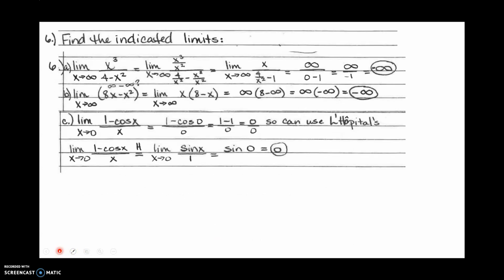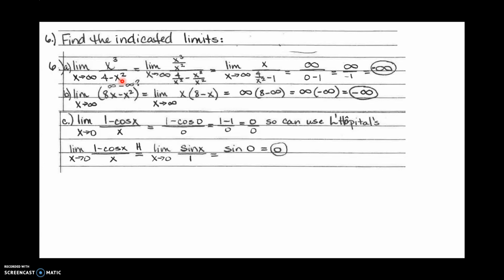Then for number 6, we want to look at a variety of different limits. For this first one, for our limits, we always want to start with direct substitution. So I'm going to plug in infinity. I'm going to have infinity cubed, which is infinity, over 4 minus infinity squared. So for that one, I'm going to have infinity over negative infinity.